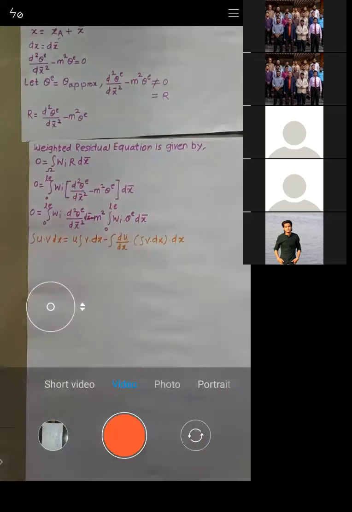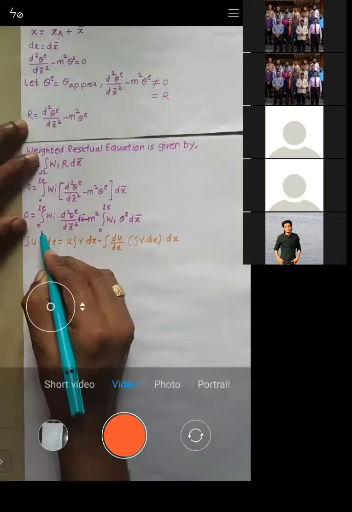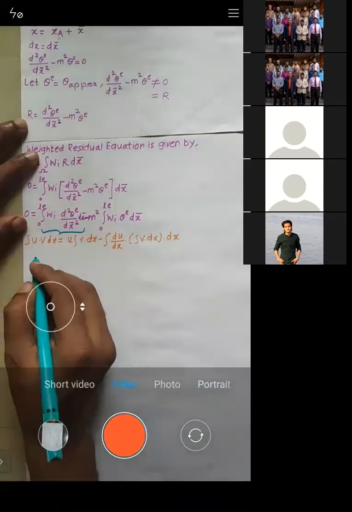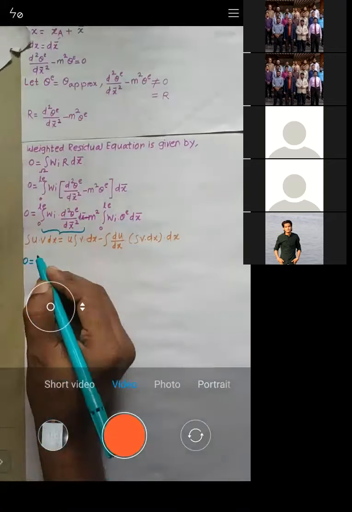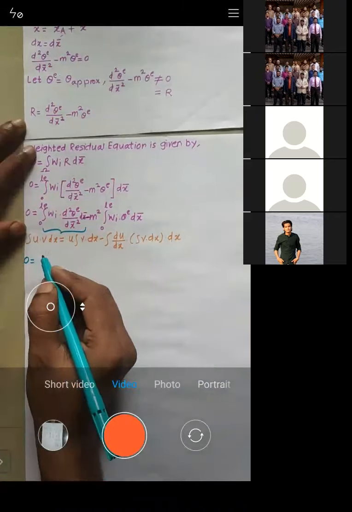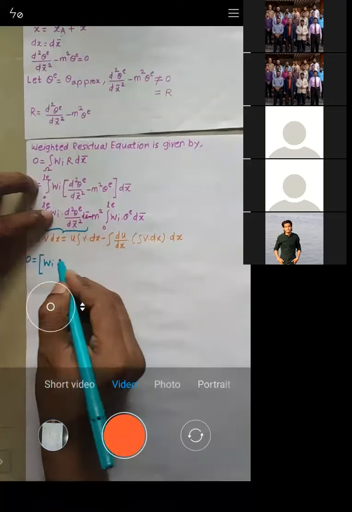So let's solve this equation. We will just do this for the first term. So 0 is equal to the first term, I will write down as it is. The first term is wi, so wi I will write down as it is.